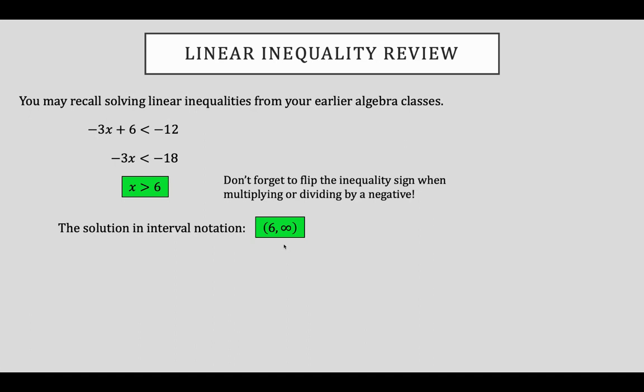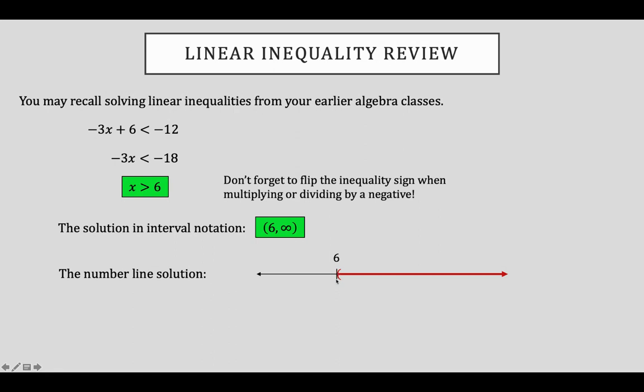What would our graph look like on a number line? We'd plot our value 6 on the number line, put a parenthesis at 6, and shade to the right. Some of you in the past may have used an open circle at 6 instead of a parenthesis.